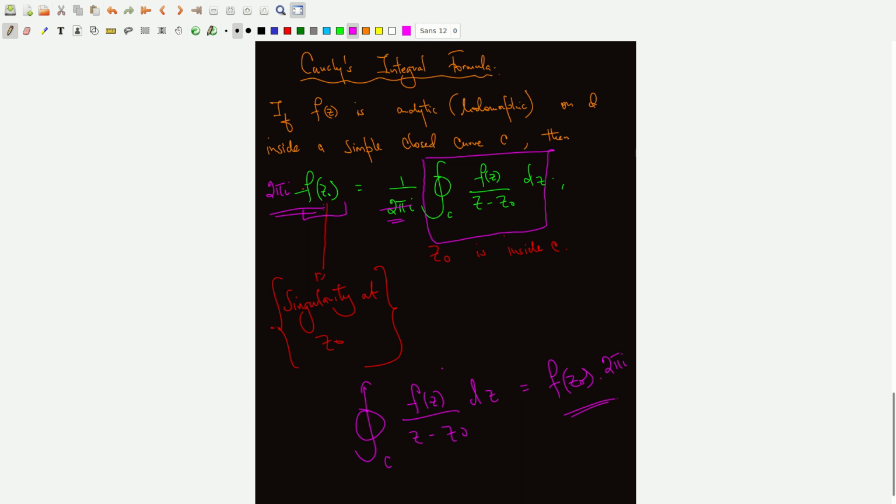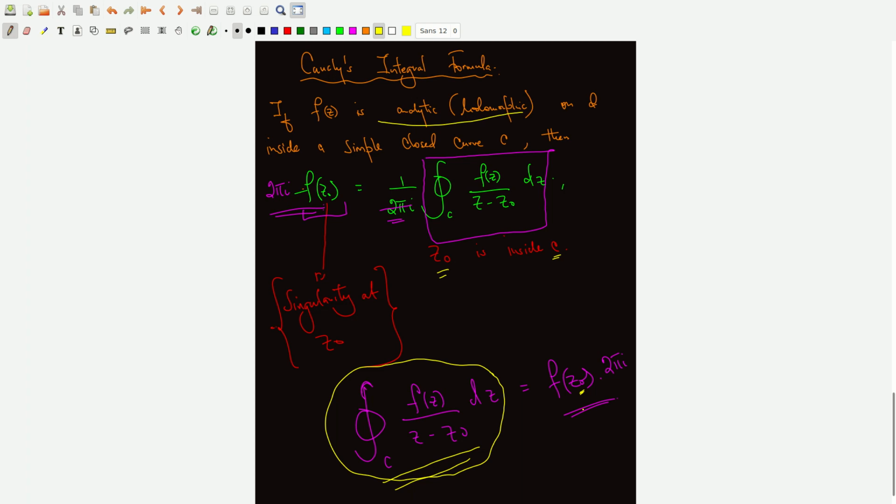So that means that we can be given expressions as long as we can express them in this form here, and we check that these conditions are met, that it is analytic or holomorphic on and inside the closed path C, and that our singularity is inside C. Then we can evaluate the value of this integral by simply getting the value of the function at that singular point and multiplying it by 2 pi i.